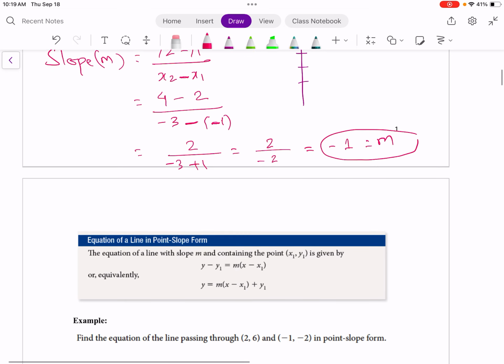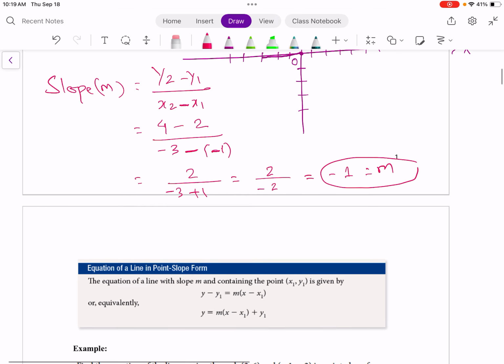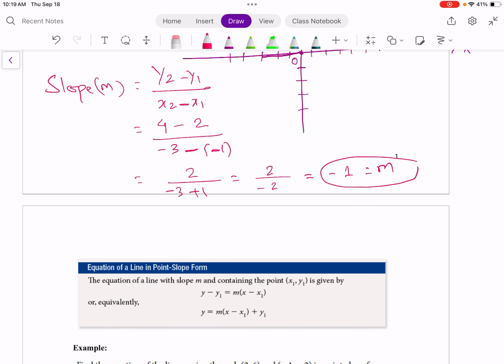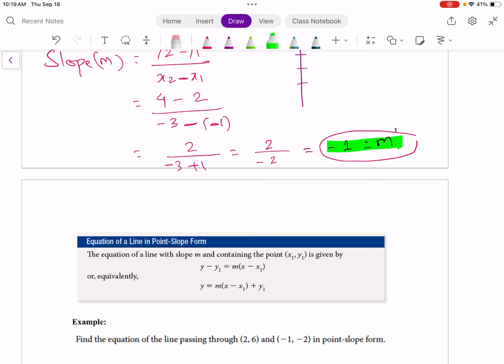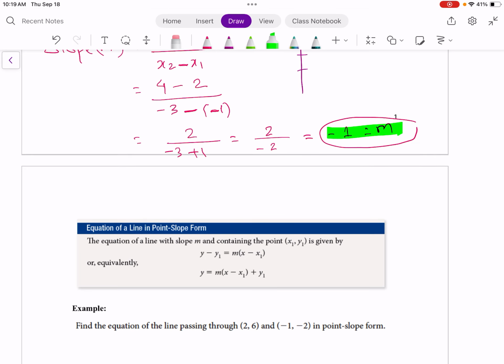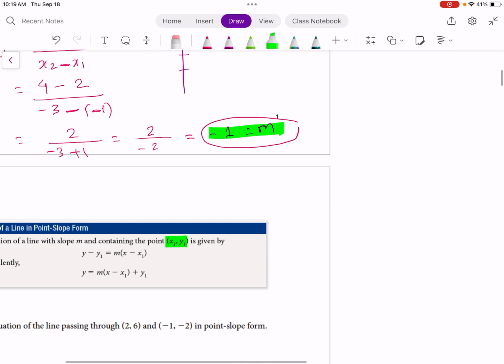Now let's go to the next one. Since we now know the slope of a line, the next thing we want to know is the equation of a line. So let me draw a line.